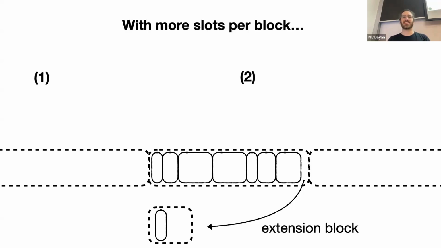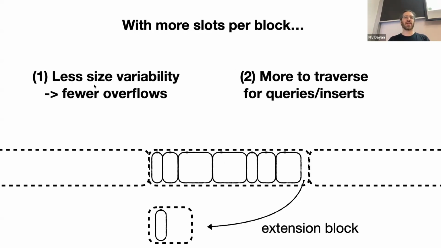Okay, now note that with more slots per each one of these blocks, two things occur. On one hand, I have less variability in the overall size of the block because I have an average over more elements that are of the same distribution. So with more elements, there's just less variability in their total size.